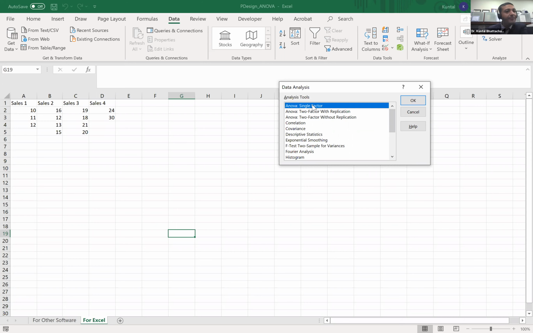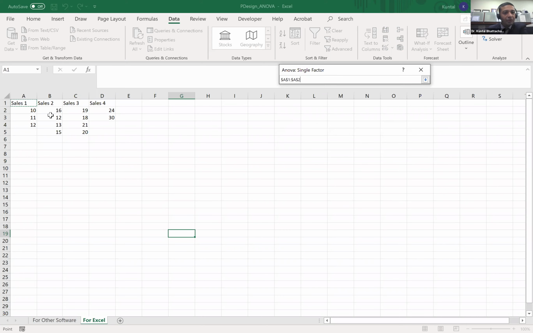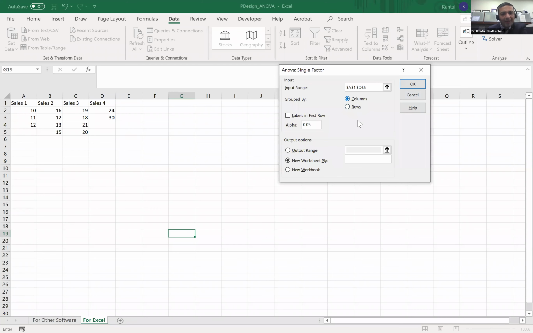The factor is package design. There are 4 levels to that same single factor. So we hit OK. We are looking at the input range, so we choose that entire input range, including the labels. It's grouped by columns, labels in the first row.